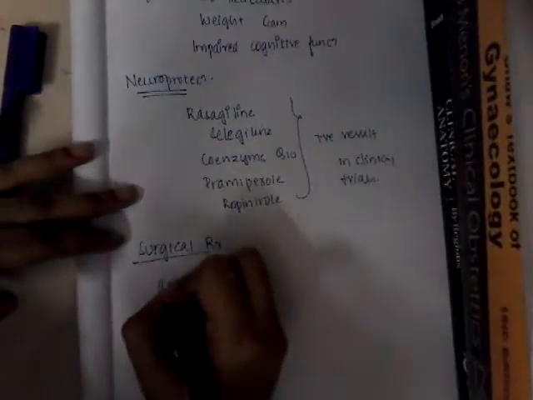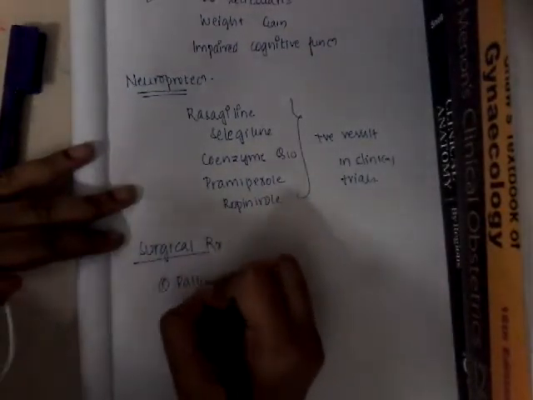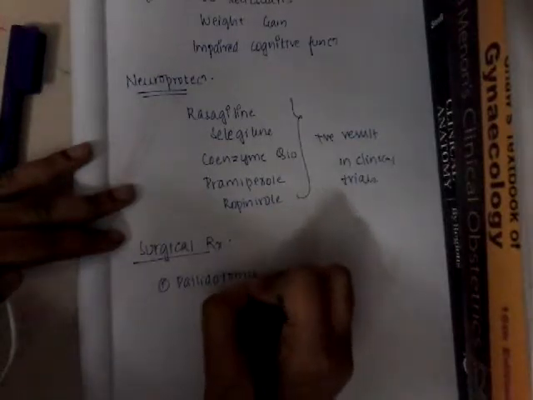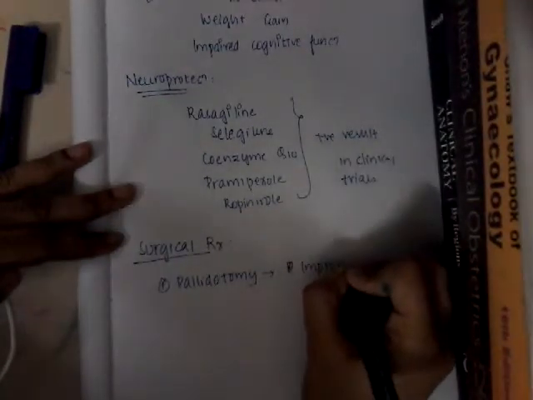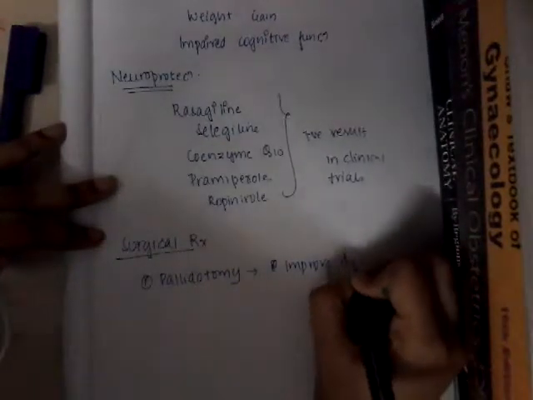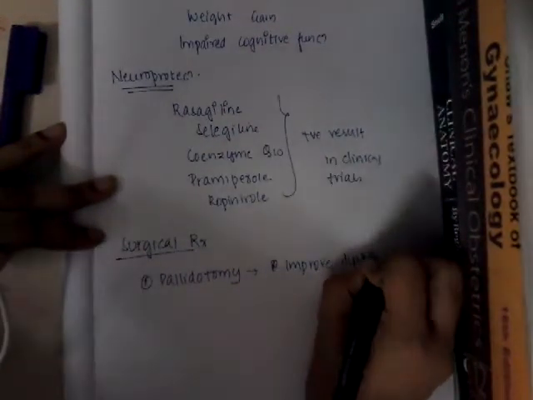Here in surgical treatment, generally first we think about pallidotomy. This pallidotomy improves dyskinesia. To improve dyskinesia, we can do pallidotomy.